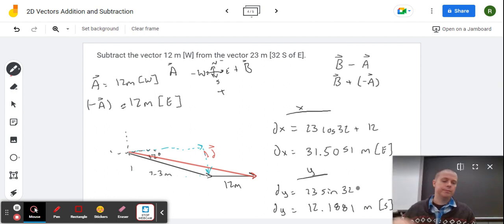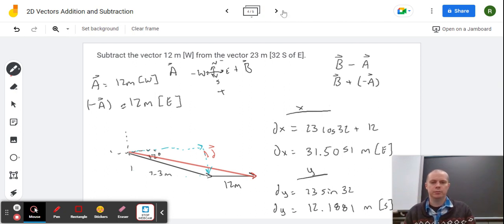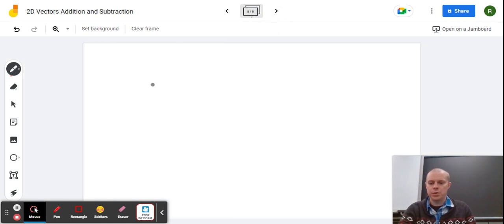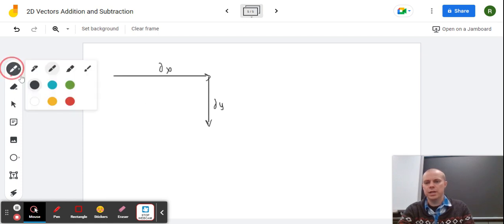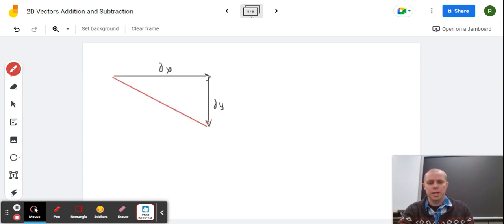Okay, now same as before. I take these, I make a right angle triangle, and I'm home free. So first up, I've got dx going east, and then I have my dy going south. So the only thing I need to find is the hypotenuse of this triangle.